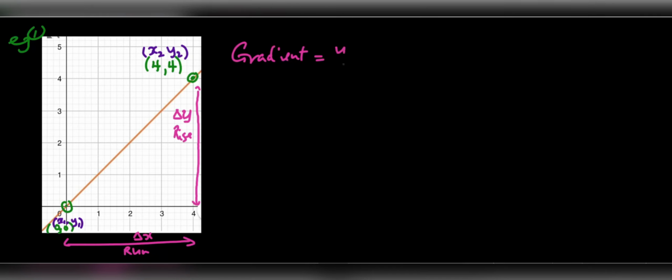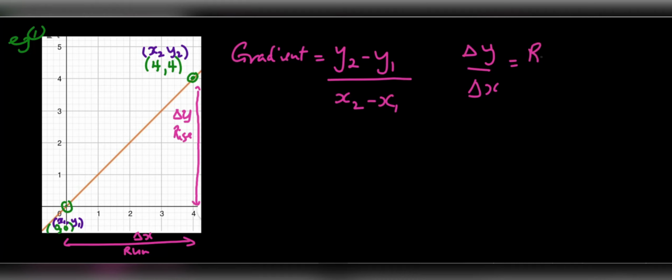The formula is y2 minus y1 over x2 minus x1. It is very important to label these points so that you can see them. And of course, this is if you prefer to write change in y over change in x so that you can see it, or even rise over run. Now, all of this means the same thing.